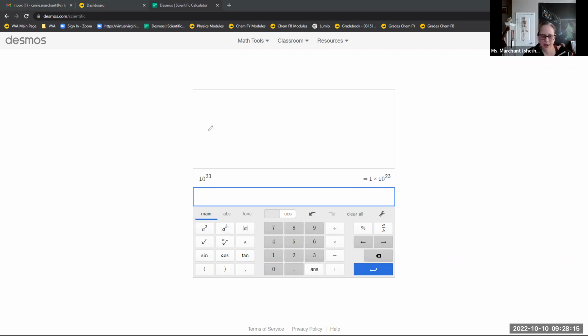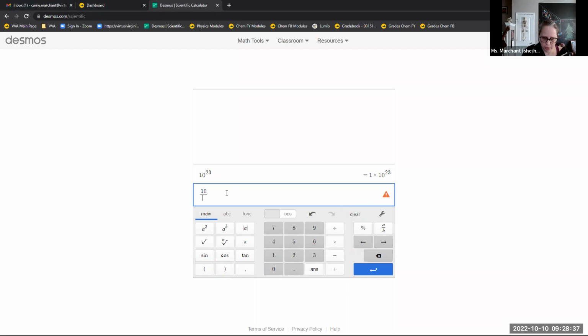The other reason why I do recommend it is that when you are using exponents, you don't have to worry about the EE button or parentheses as much because it has a divisor. So if I am going to say 10 divided by Avogadro's number, what's Avogadro's number? 6.02 times 10 to the 23rd.